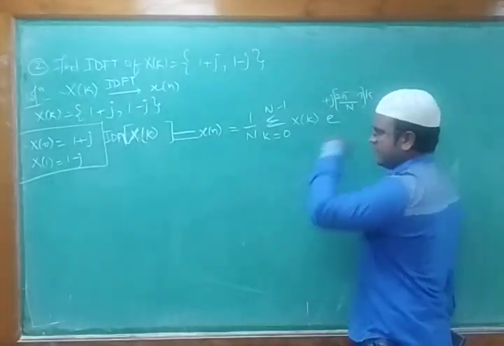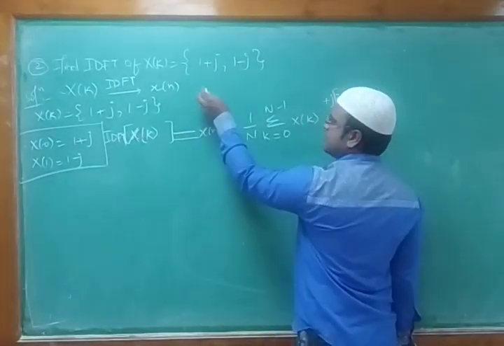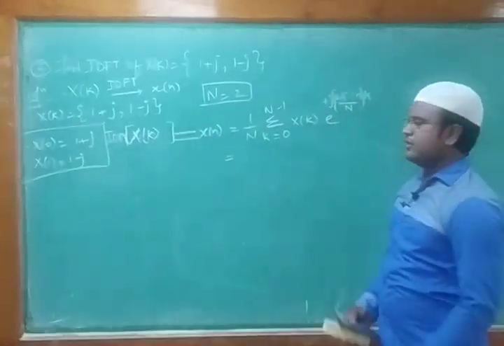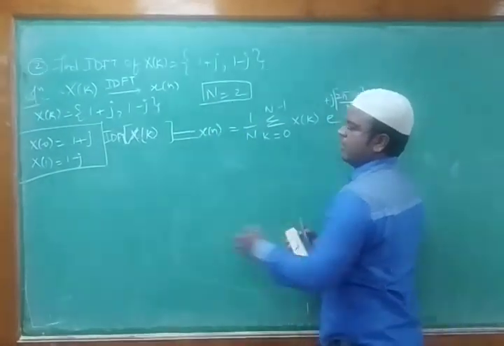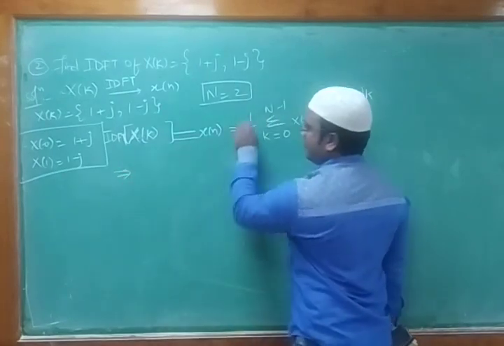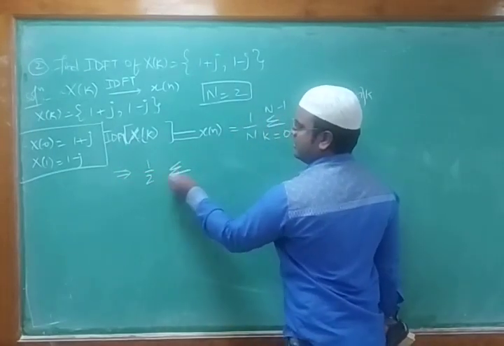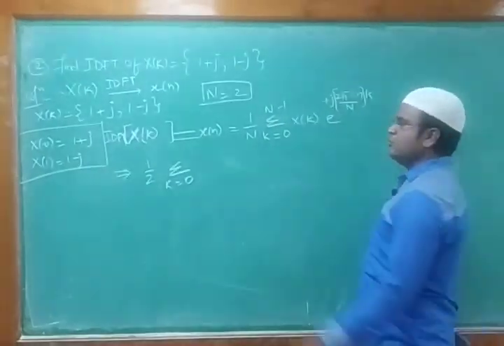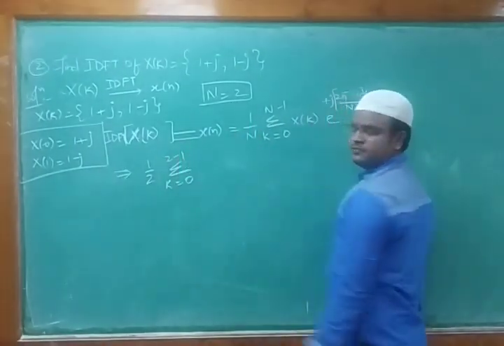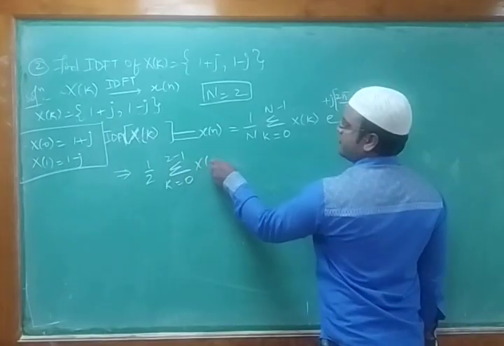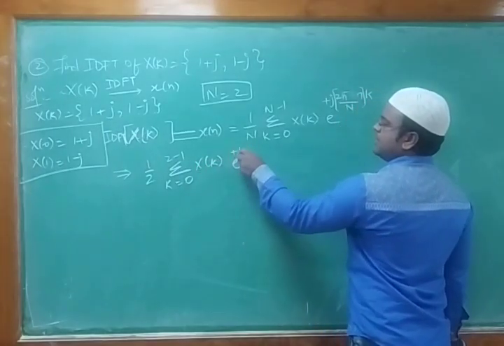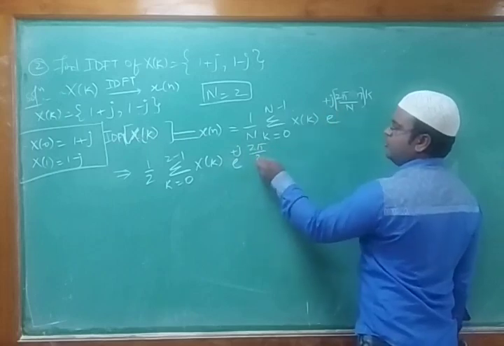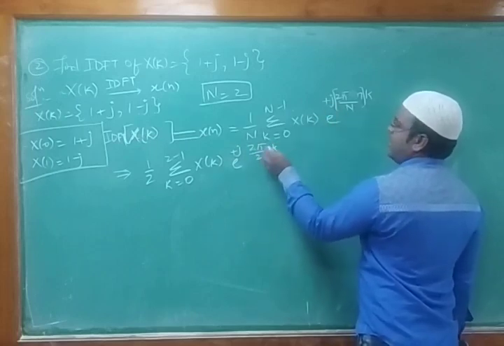Now we'll put it this thing. What is N value? How many number of samples we do have? It's 2 samples. So N is equals to 2. So we'll substitute this value in this. What I'll get? I'll write 1 by 2 summation k is equals to 0 to N minus 1. N is how much? 2. So it's 2 minus 1 into x of k as it is e power plus j 2 pi n k by 2.